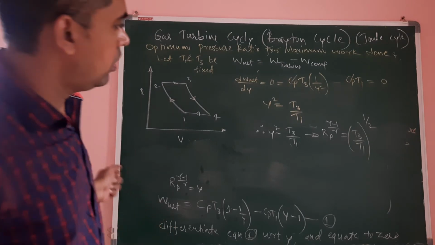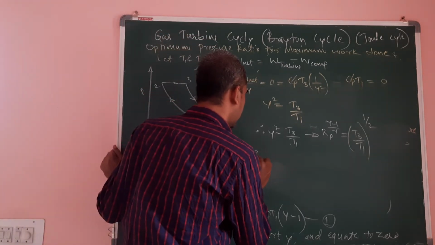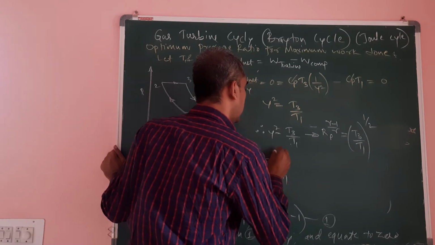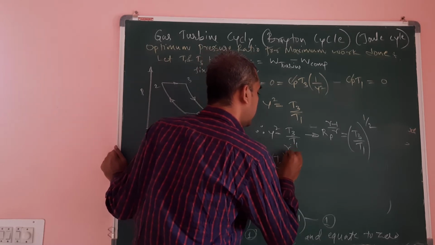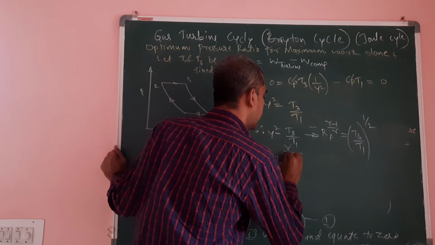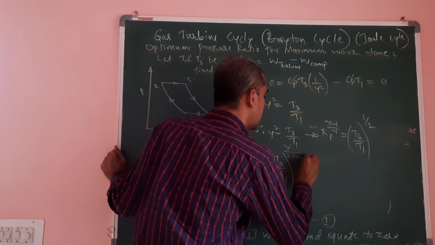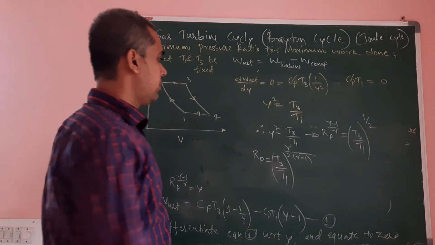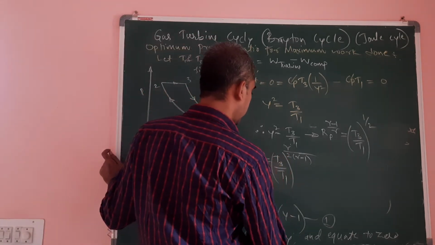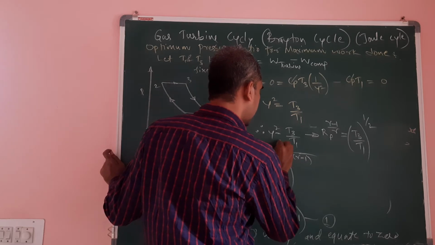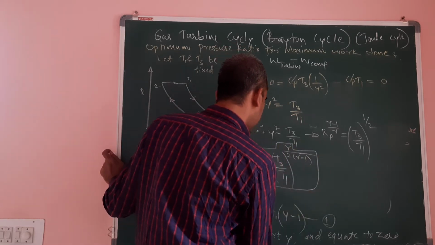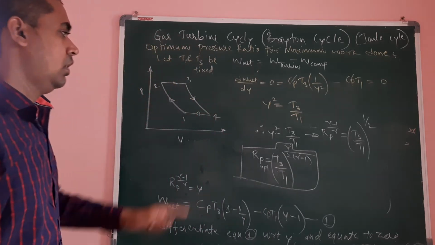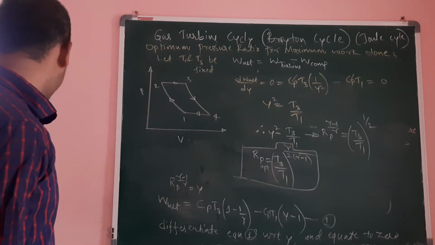Rp is equal to T3 by T1 raised to gamma divided by 2 into gamma minus 1. Okay, this is the expression for the optimum pressure ratio.